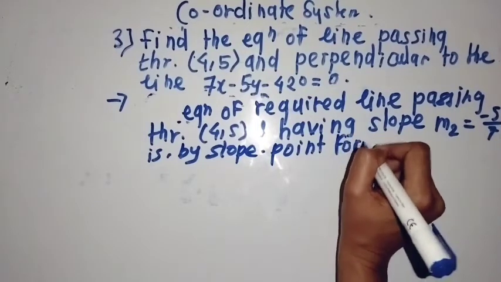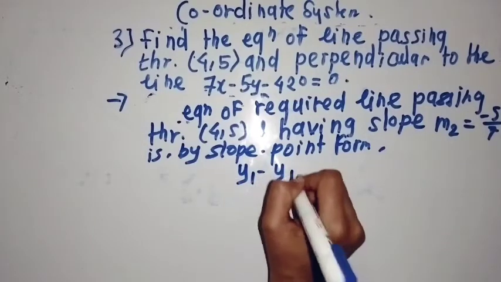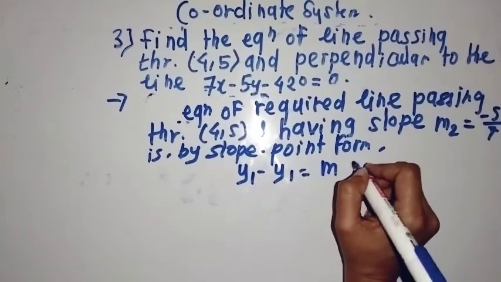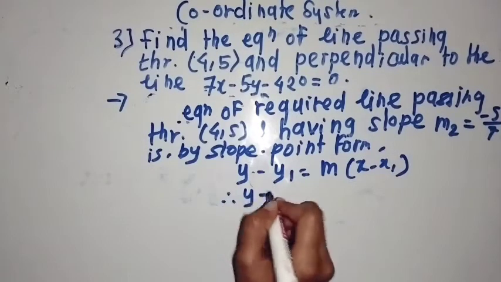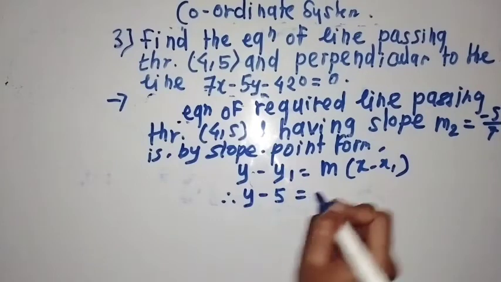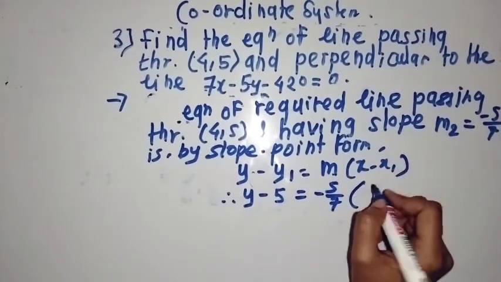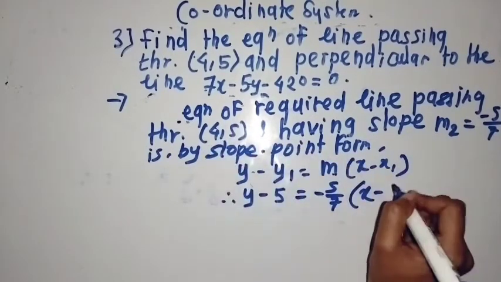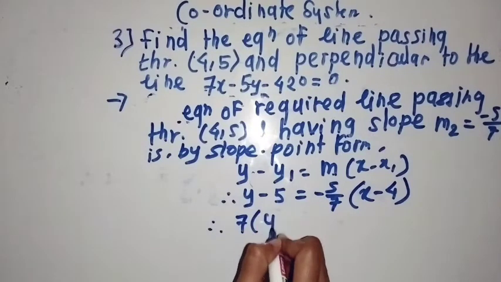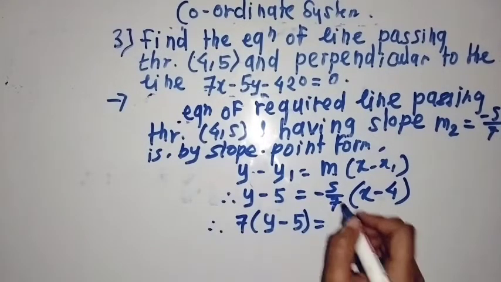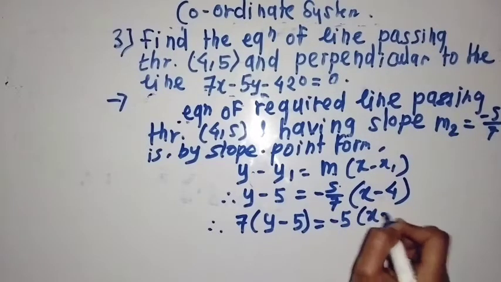So by slope point form, y minus y1 is equal to m into x minus x1. Here y1 is 5 and m is minus 5 upon 7, so y minus 5 is equal to minus 5 upon 7 into x minus 4.